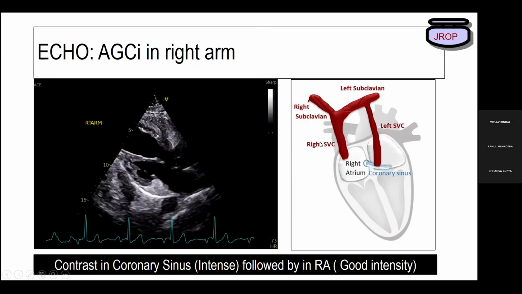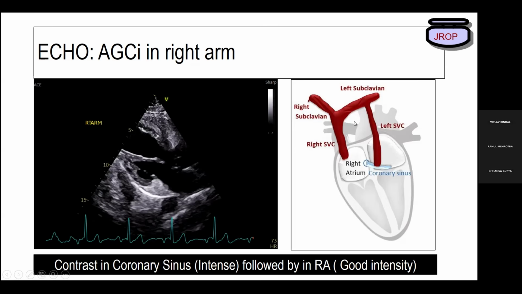So what exactly happens is, this is the same picture: right subclavian, left subclavian, brachiocephalic vein. Now injected into the right arm, it did not come into the right atrium and right ventricle first. It went through this into the left coronary sinus.